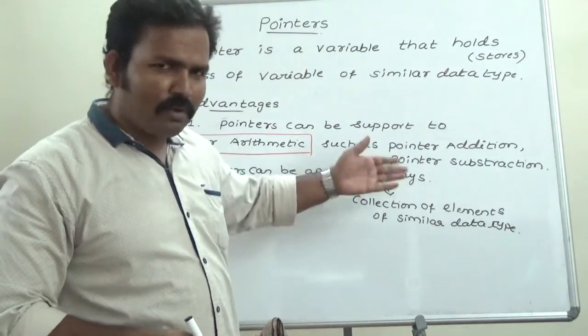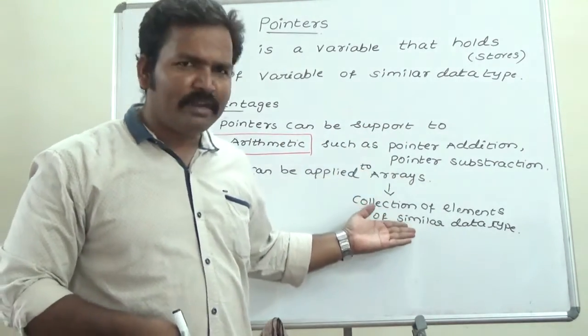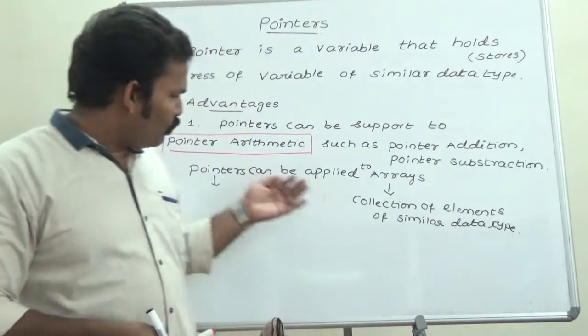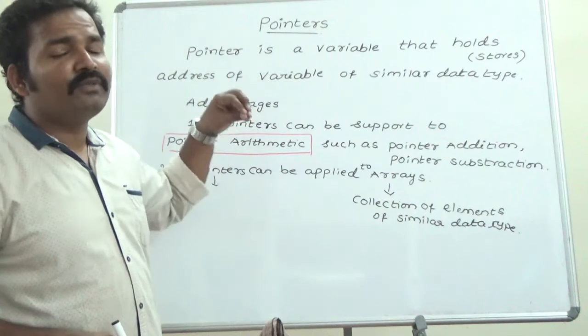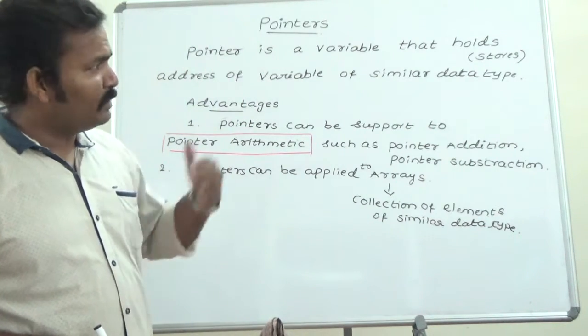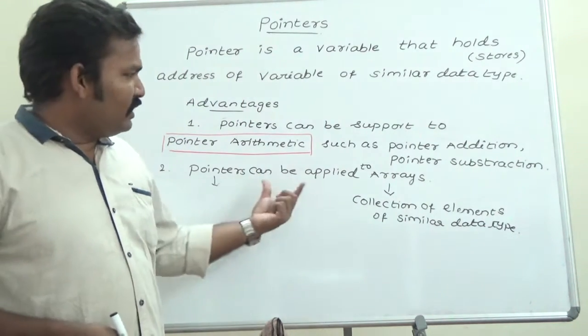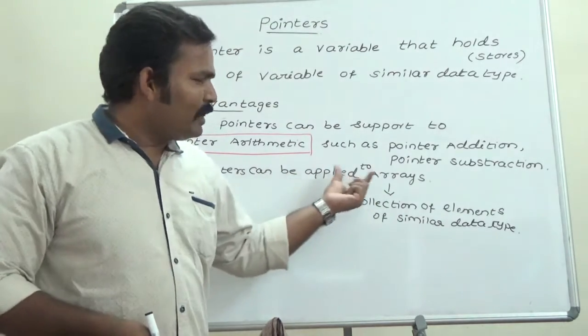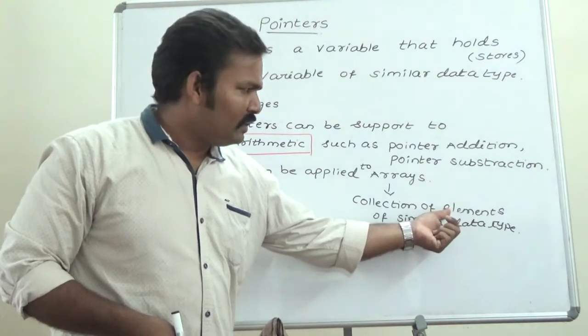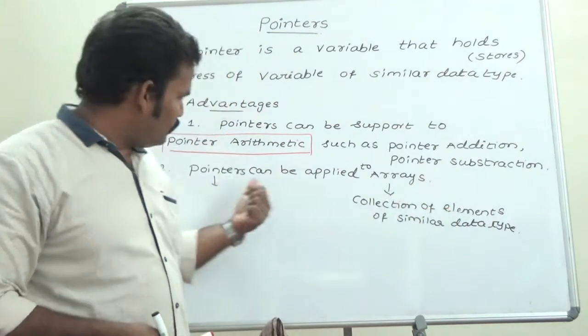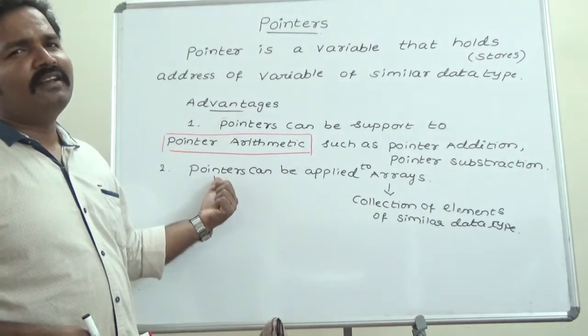We know an array is a collection of elements of similar data type. A pointer is a variable that holds the address of a variable of similar data type. Pointers can be applied to arrays means array elements we can access by using a pointer variable.